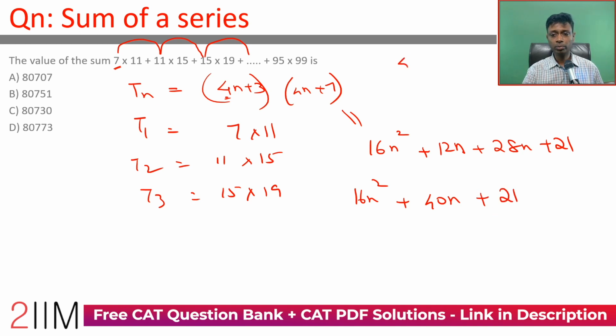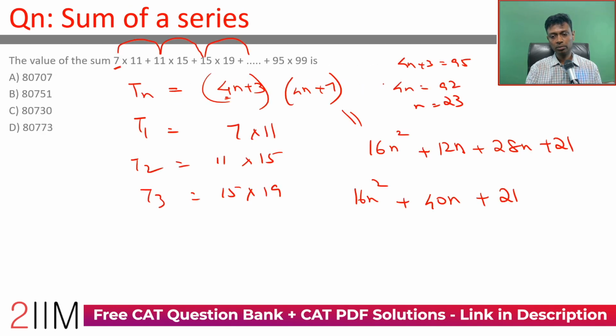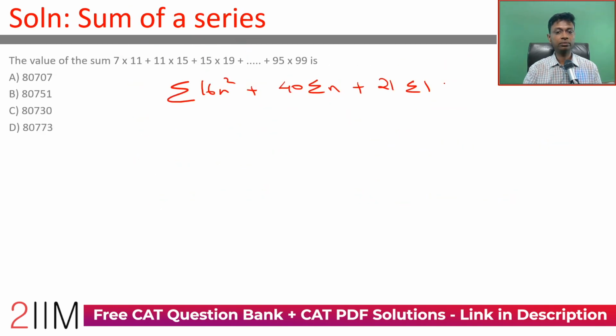Fine. And 4n plus 3, if you put it equal to 95 to get to this term, then 4n is 92, n is 23. N goes from 1 to 23. There are 23 terms in the summation. So we are looking to do summation 16n square plus 40 times summation n plus 21 times summation 1, going from 1 to 23.